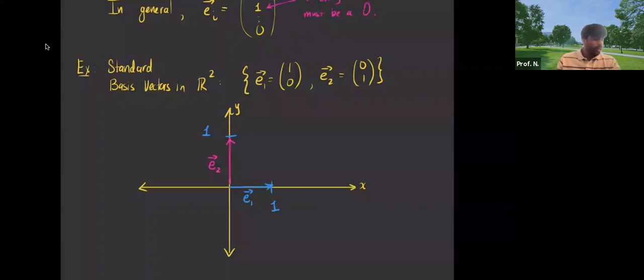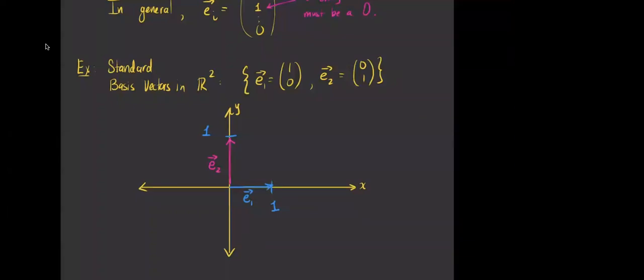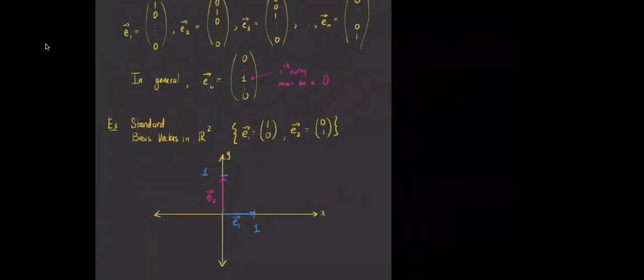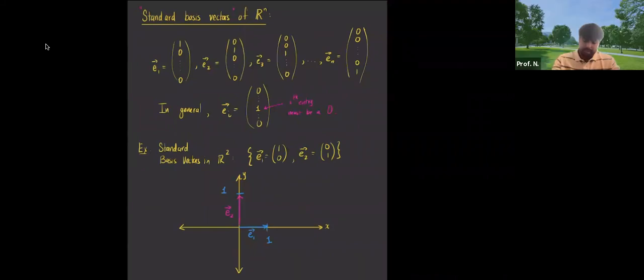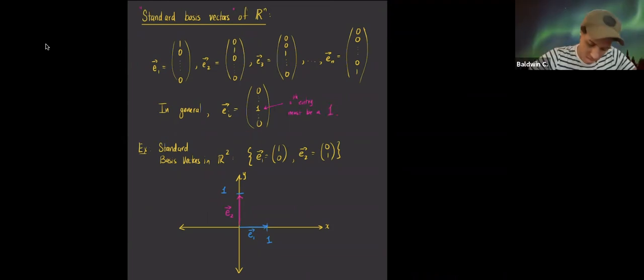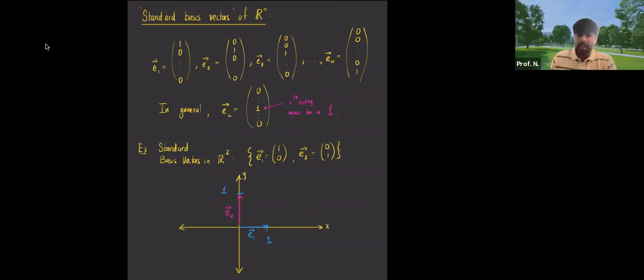Sam, you raised your hand. Yeah, I just noticed in the general rule you made above, it says the ith entry must be a 0. Should it be non-zero, you mean? Pardon me. I meant to say it's a 1. That's my mistake. I just saw all zeros and I put 0. Very good. Thank you, Sam. Yeah, it should be a 1. Must be a 1, not just non-zero.